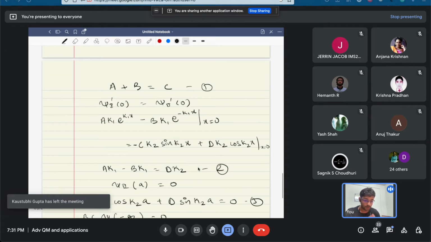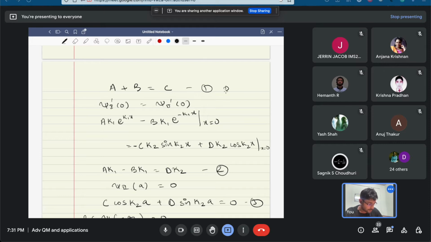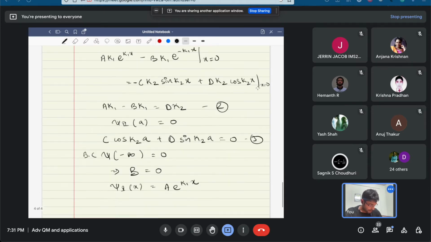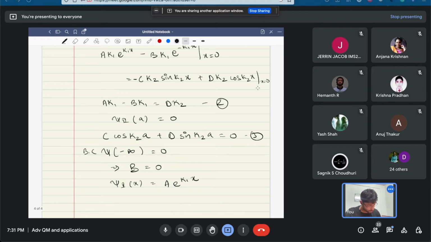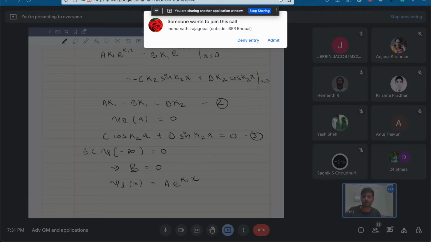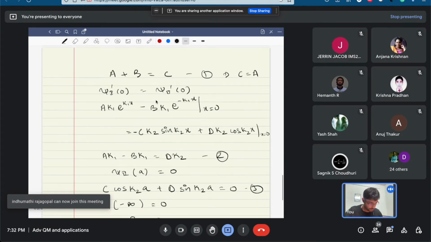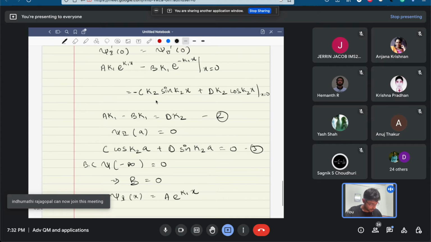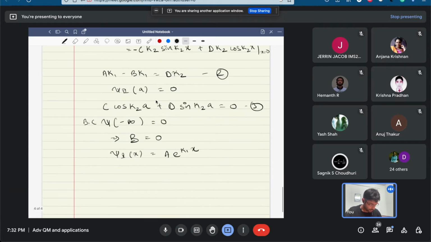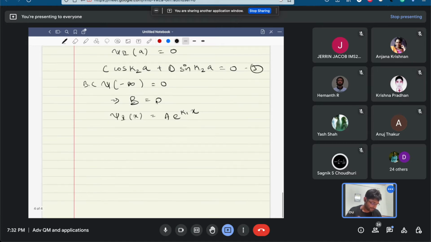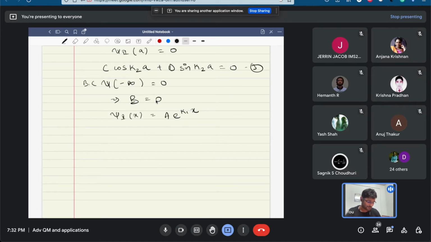So what we obtain now, since B is 0, that means C is equal to A, and we don't really get much from this. Right, C is equal to A, and we need to find D in terms of A. Sometimes you can write in terms of the coefficients as well.